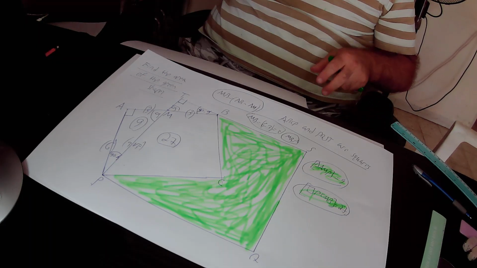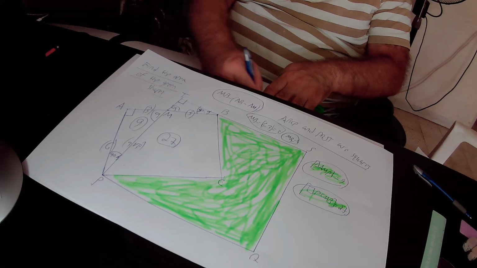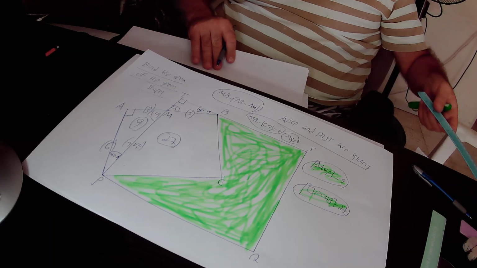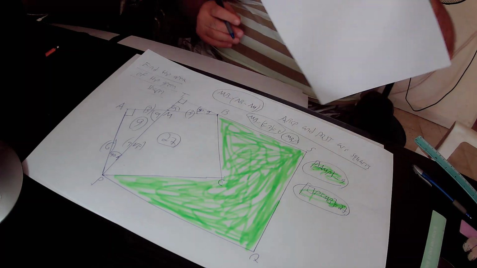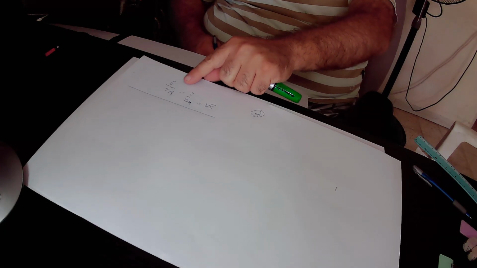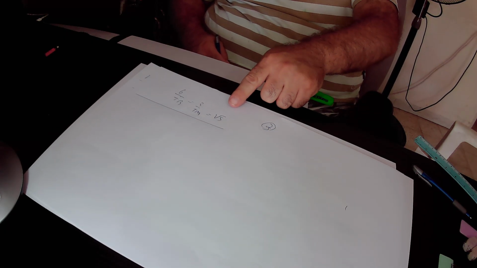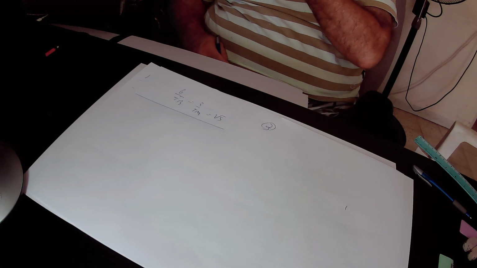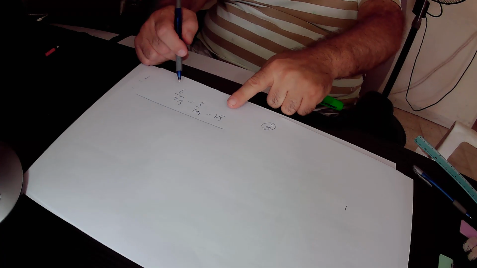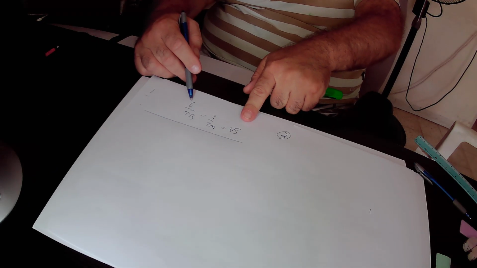So now we found out that 6 over TB equals 3 over TM equals the square root of 5. Those two sides are equal to each other, and therefore we can form equation one from those two sides.